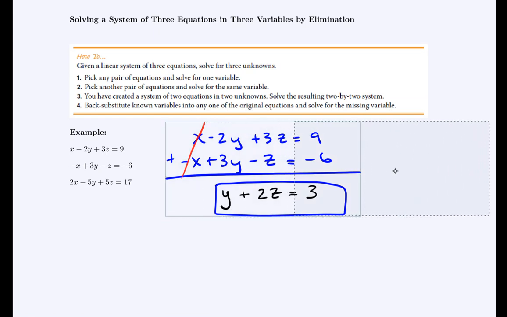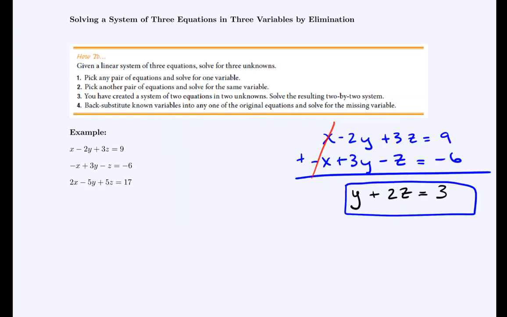Now the next step is we are going to try to get another equation only in the variables y and z. The goal is to get two equations in the same two variables. And as we discussed before, I could multiply this second equation by 2 and then add that to the third equation, and it would nicely get rid of the x's again. So let's do that. Multiply this by 2.